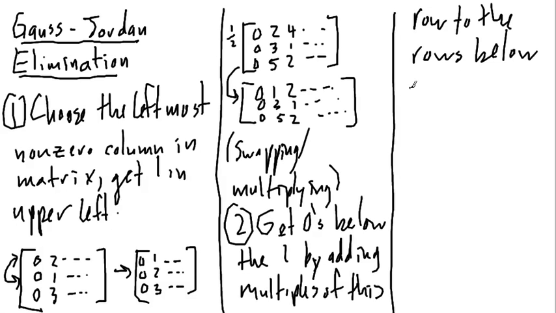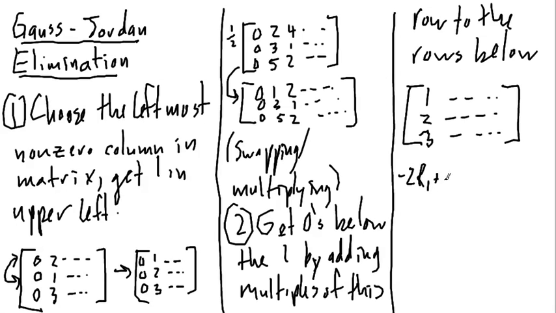So if I started with 1, 2, 3, and so on, I would take -2 times the first row plus the second row to replace the second row, and -3 times the first row plus the third row to replace the third row.